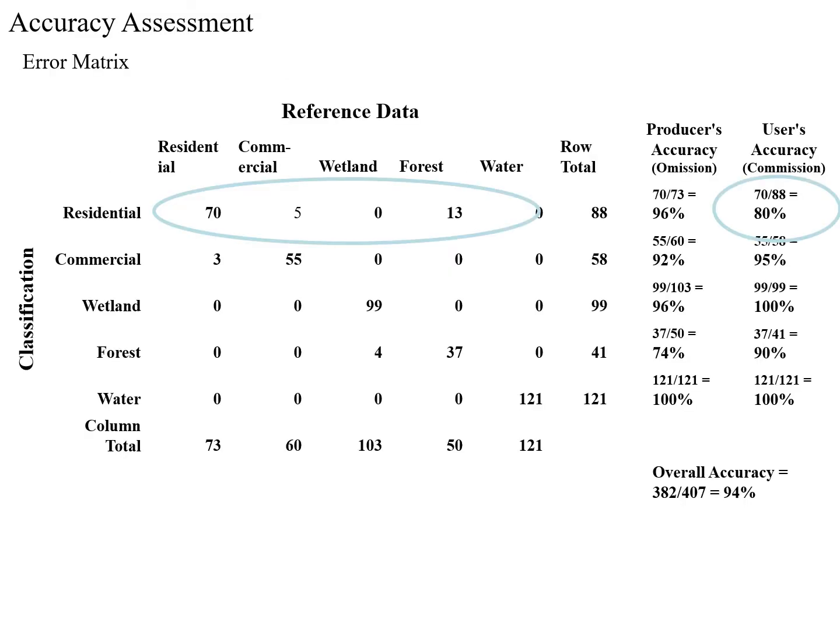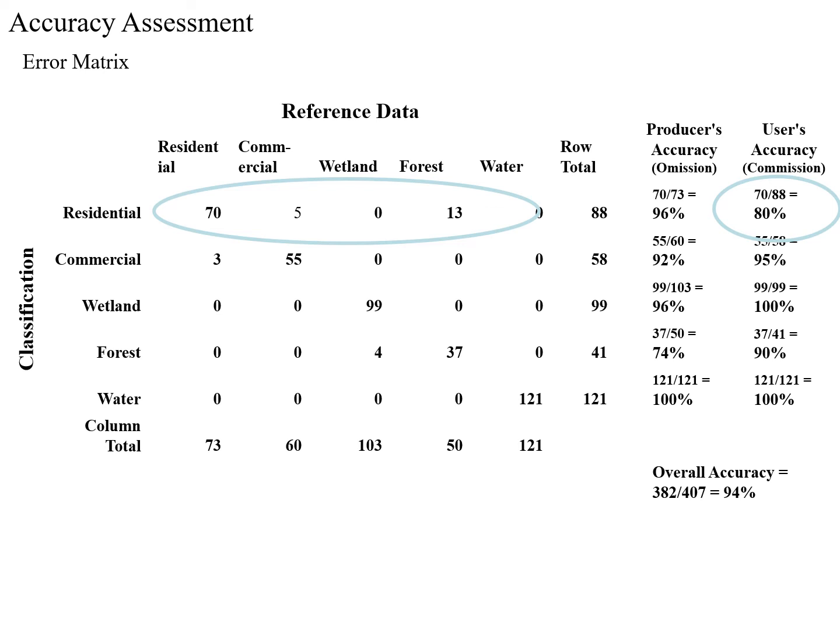So how do we calculate the user's accuracy? Well, in this case, we're interested in what the classification is. So we're interested in rows. And so we have on the map a class residential. 70 of those are actually residential, 5 of those are commercial, and 13 of them are forest.